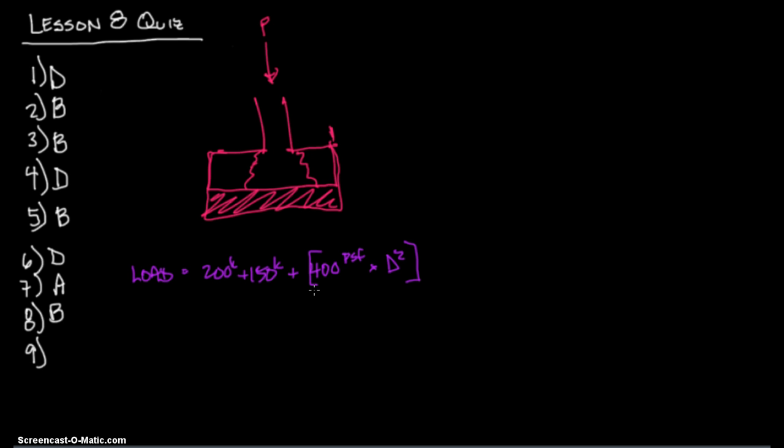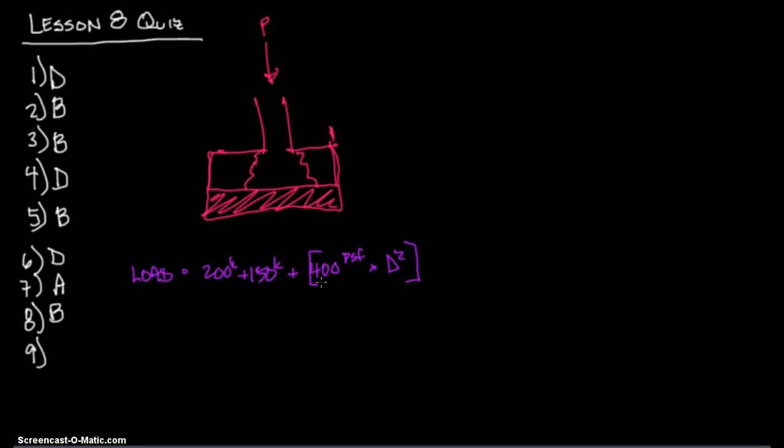All right, so we can figure this out later, but if you say it's going to be 100 square foot, let's say it's a 10 by 10, then times 400, that's going to be 40,000 pounds. So that's getting up there.